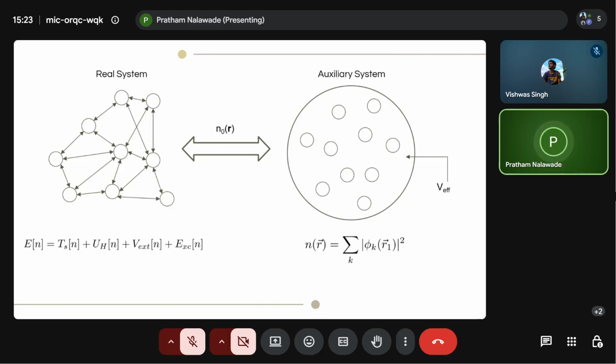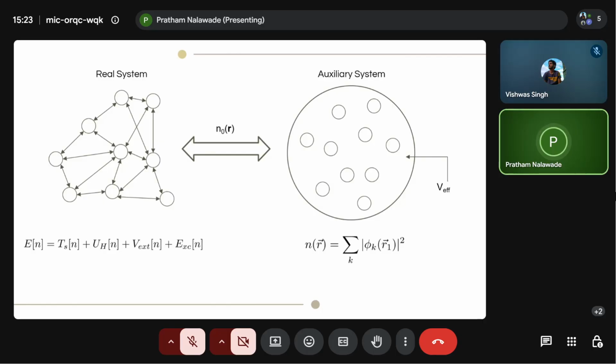This is again the minimization problem which we already did in Hartree and Hartree-Fock. In Hartree-Fock, the equation we got was a combination of the kinetic term, the external Coulomb term, and the exchange term.